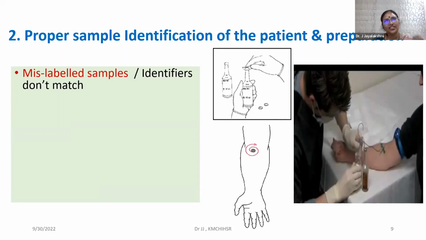If the identifiers don't match, that's going to be a problem. Second, sometimes you will have unlabeled samples. The requisition comes with a sample, maybe in a pneumatic chute, or the person carries it and brings it to you, and you find that the sample does not have a name or any detail on it. So you ask them, and they'll say, we sent 2 samples, we don't know which sample is which. Now what do you do? You have to waste both samples that were collected.